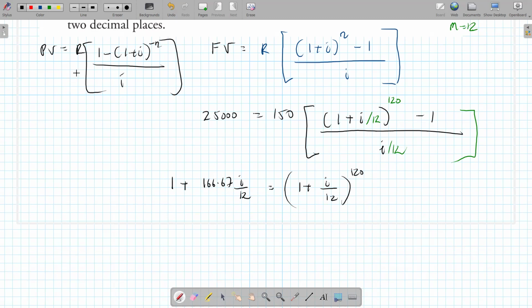We could take the 1/120th root here and get rid of this. But then again, we can't. There is a way, but we're not going to get into that. There is no way to combine this: this is linear, it has a power 1.